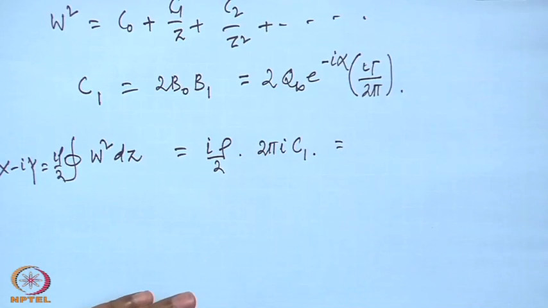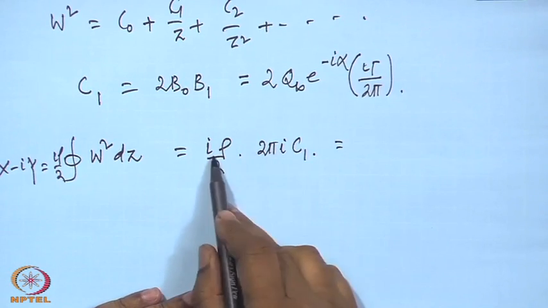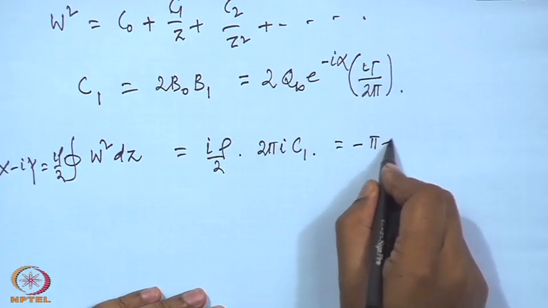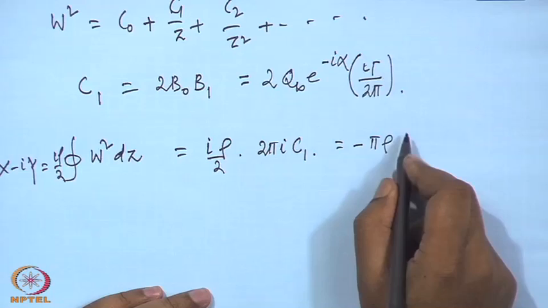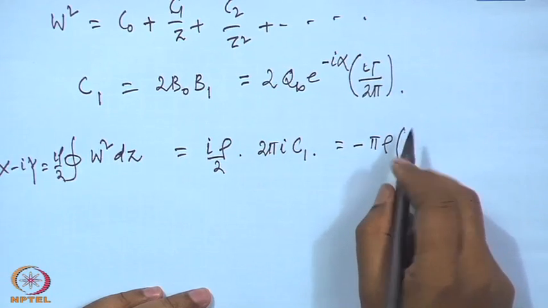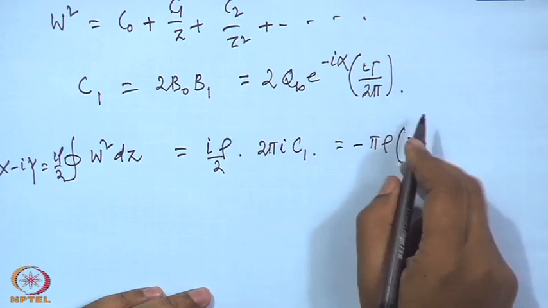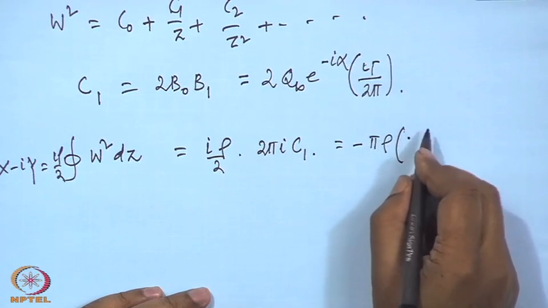So, that makes how much? Minus pi rho times, how much? Q infinity e to the power minus I alpha.